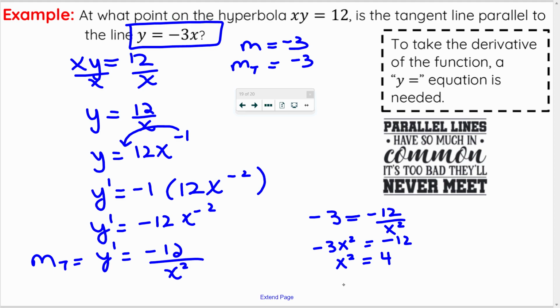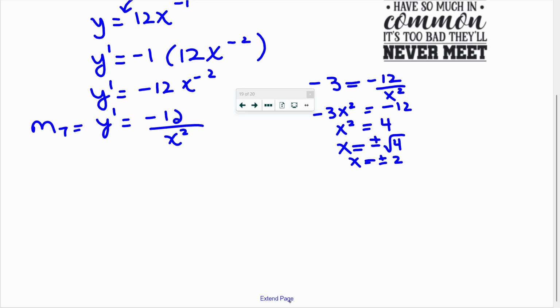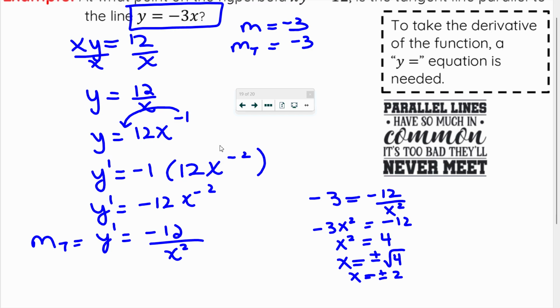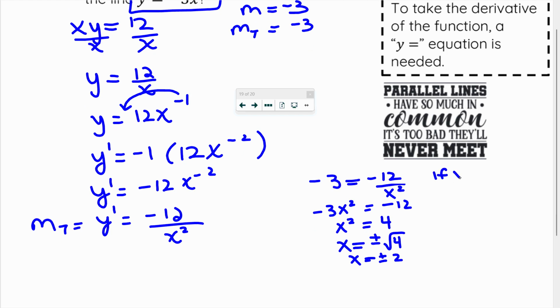To solve for x, I'm going to take the square root. So the square root is going to be plus or minus the root of 4, which is plus or minus 2. So I have two possible points of tangency, positive and -2. To find the y value that goes with it, I go back up to my original function here, y equals 12 over x. So if x equals +2, then y equals 12 divided by 2, y equals 6.